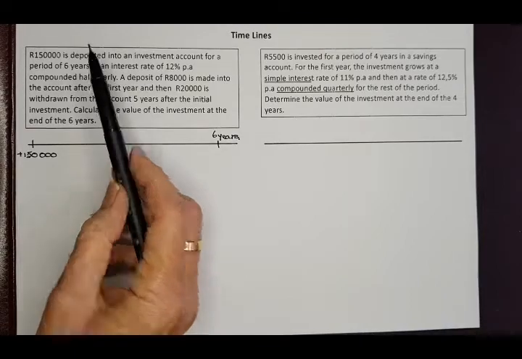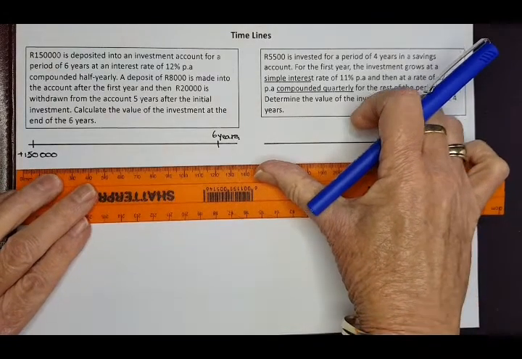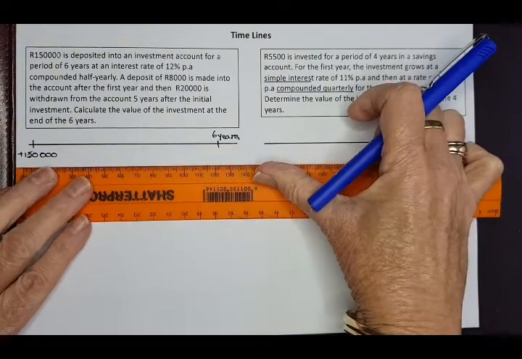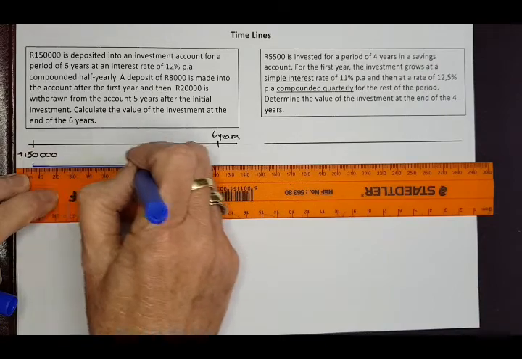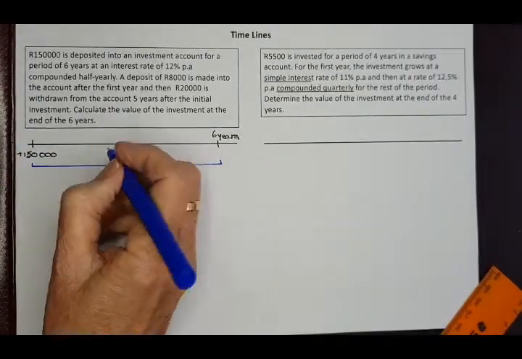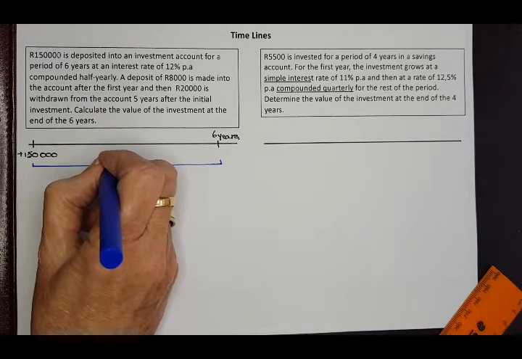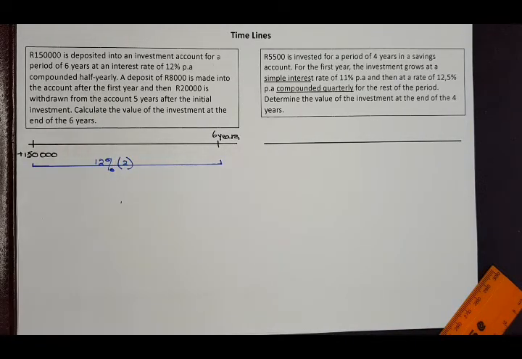The interest rate for that entire period is 12% per annum, compounded every half a year. All right? In other words, it is compounded twice a year. So just consider that interest rate for that whole time period there is 12% per annum, and we're doing the transaction twice a year.